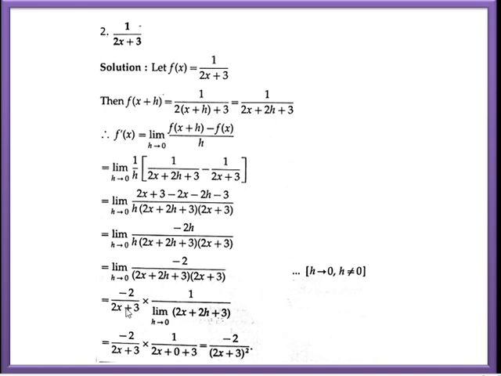Here you will notice that minus 2 upon 2x plus 3 is taken outside the limit. Is it correct? Yes, because h tends to 0. x remains unaffected, so we can write it outside the limit. Now put h equal to 0. Simplify. What is the derivative of 1 upon 2x plus 3? Minus 2 upon 2x plus 3 whole square.